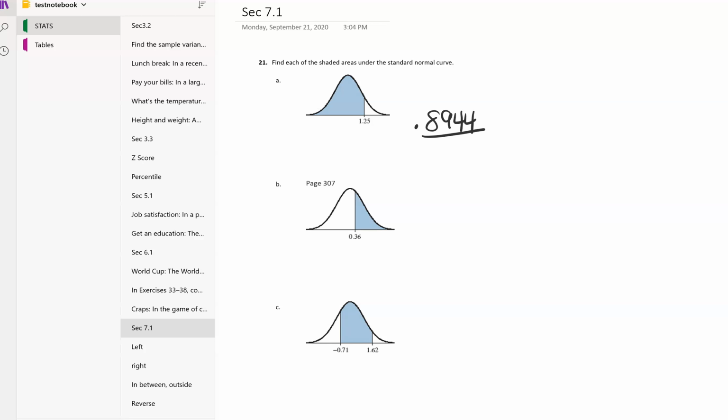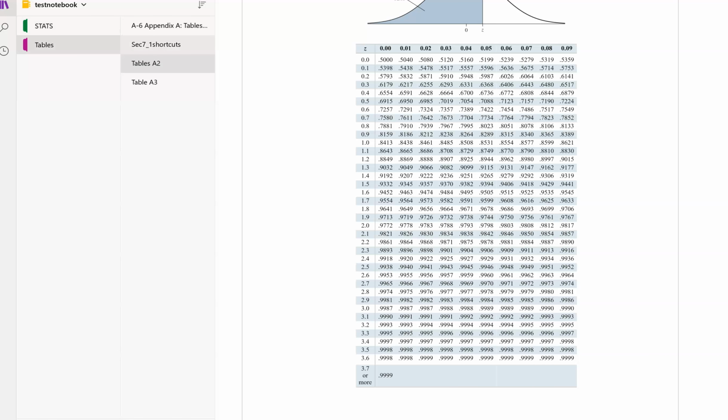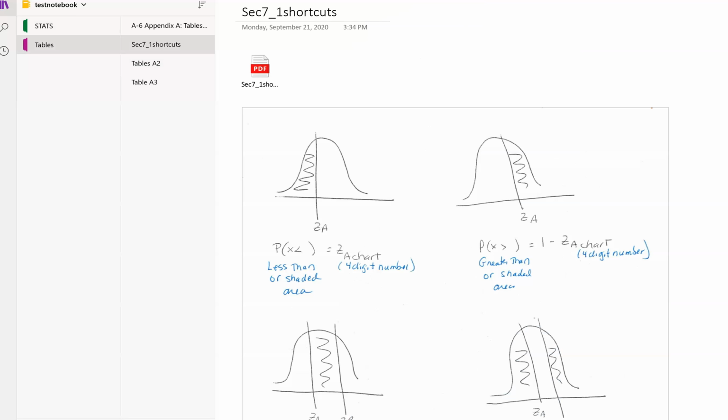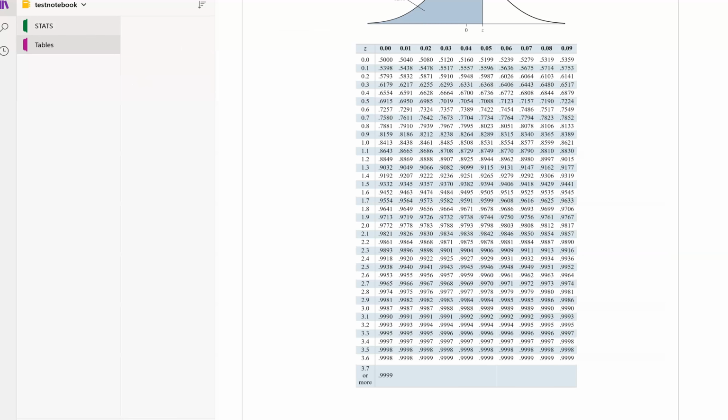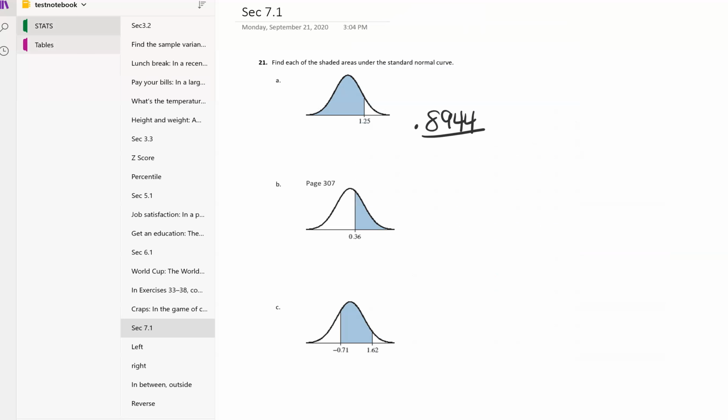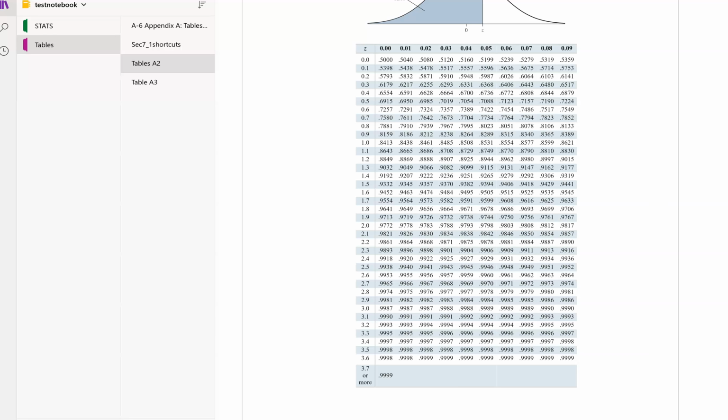Okay, the next one, 0.36. This is shaded to the right. So looking at my shortcuts, shaded to the right, I need to look up the number on the table and subtract it from 1. So I'm going to look up 0.36. So 0.3 is right here, and then the 6 is here.